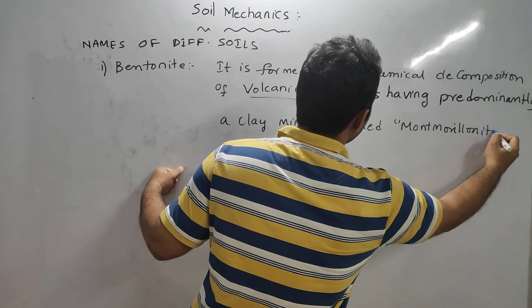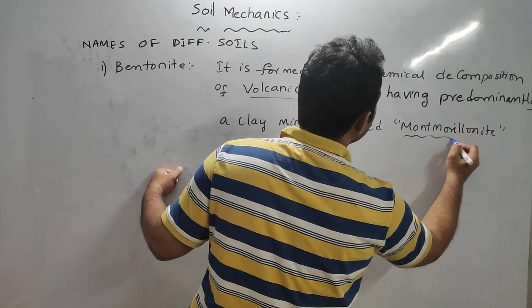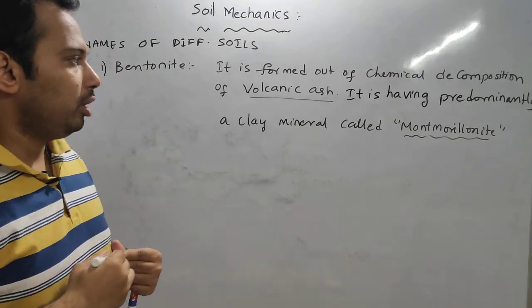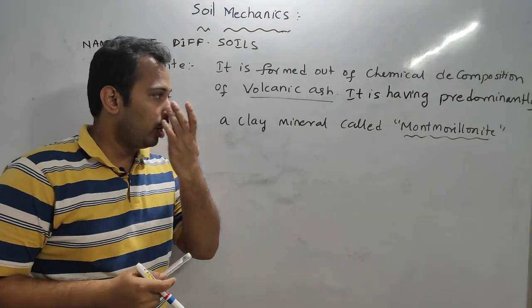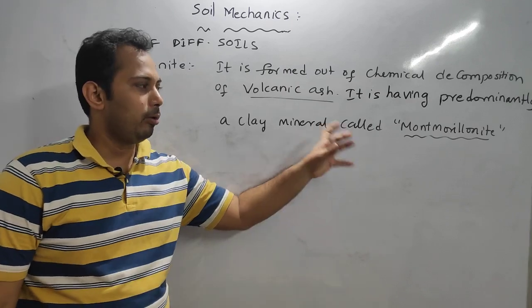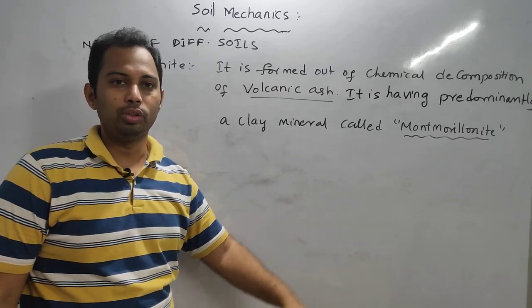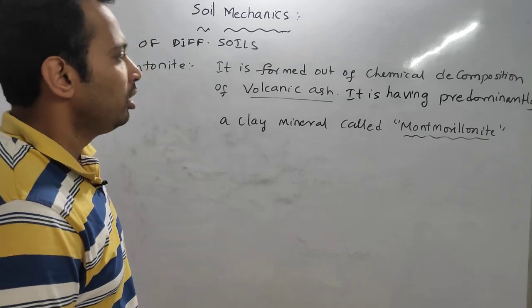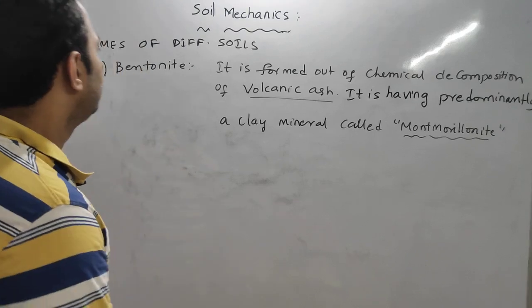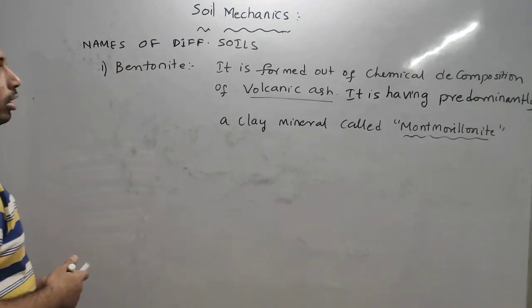Wherever we find montmorillonite, that soil is not suitable for foundation activity, because this mineral is the villain of soil mechanics. Wherever you find it, it is unsuitable for laying a foundation, for the same reason: excessive shrinkage and swelling. So this is bentonite.